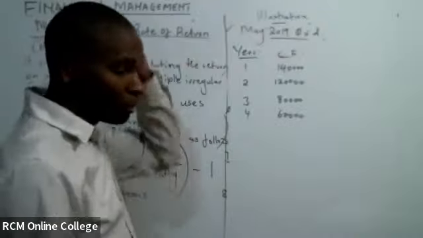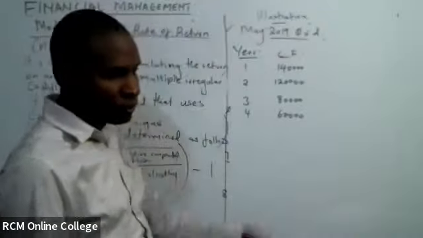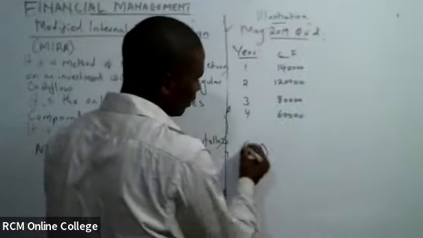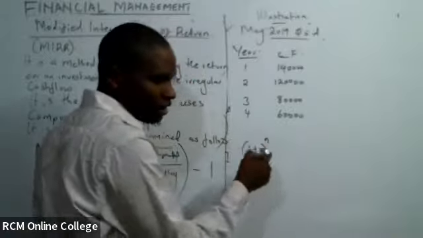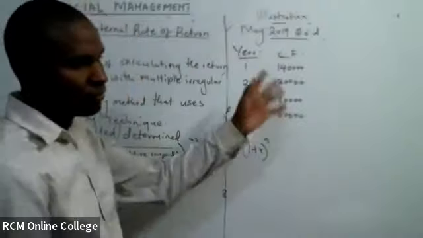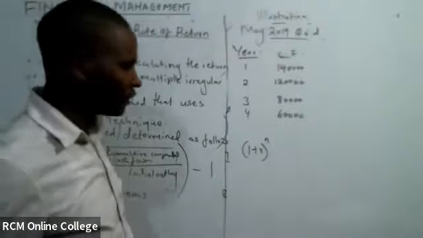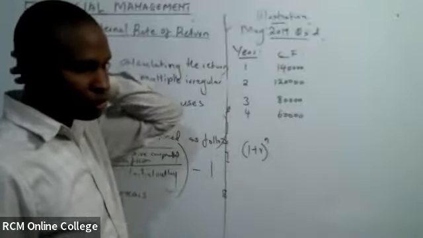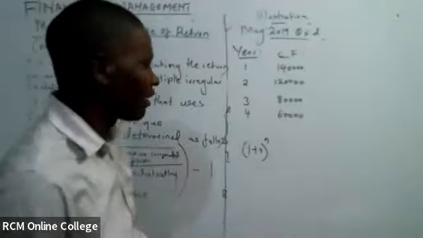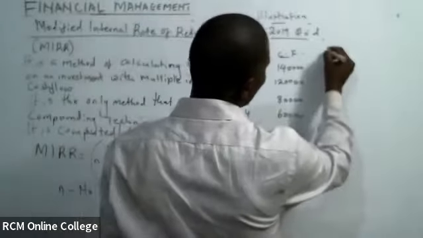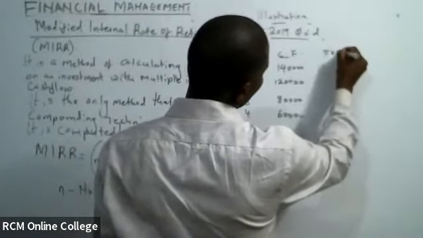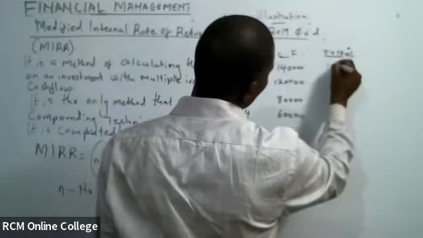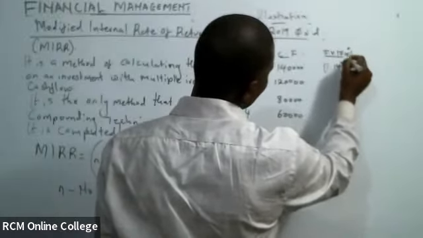Compounding is simple. We are getting the future value, so we compound by 1 plus R raised to N. N does not have a negative, since we're getting future value. So we look at FVIF at 14%, so it will be 1.14.